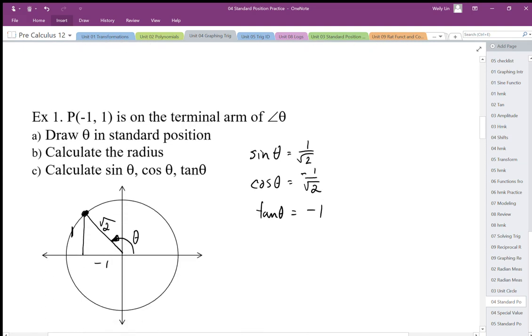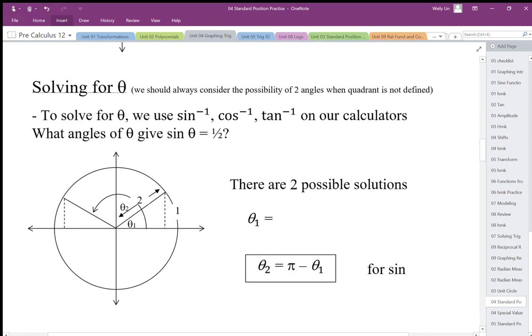Well, here we don't have the luxury of knowing the quadrant. It just tells you sine theta equals 1/2. We have to consider two possibilities. It could be 1 over 2 here. It could be 1 over 2 here. Okay, it can't be down here because that would be -1. But we have two different angles here. So there's two possible solutions.